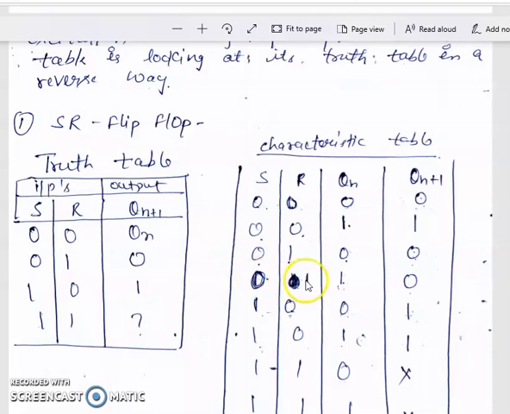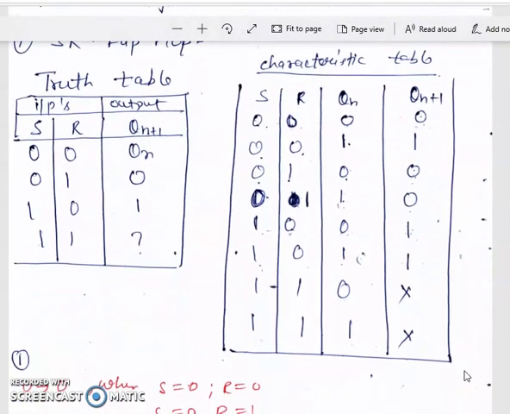For this condition 0 1 but Qn is 1, we look at the condition of reset, that is 1, so the output is 0. Again we see the set and reset: S equal to 1 and R equal to 0, and Qn in the reset condition, the output is according to set, so it means 1, and it is also 1. And for the next combination in which S and R are both equal to 1, whether Qn is 0 or 1, the output will always be an invalid or forbidden state.